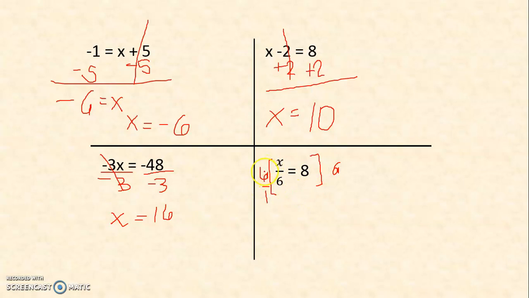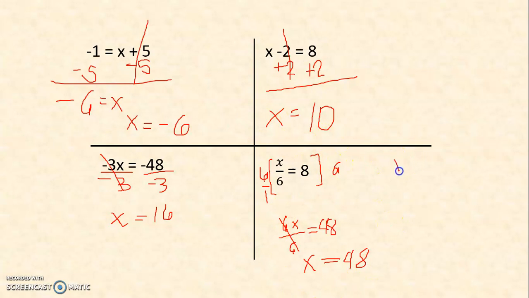So just multiply it. 6 times x, that is 6x, all over 1 times 6, that is 6, is equal to 8 times 6, that is 48. So you now have x is equal to 48.